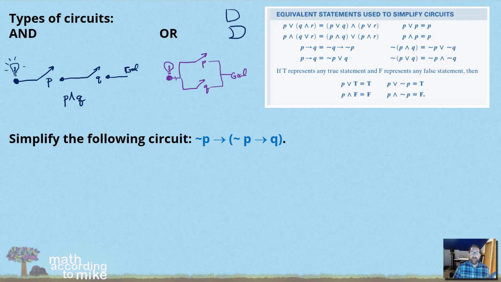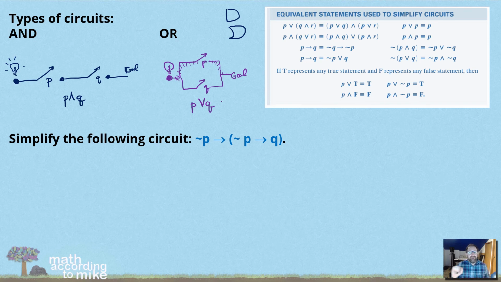So the electricity could go here, as long as the P gate is closed, to get to the goal, or it could go through Q to get to the goal. So this is an example of what P or Q would look like. So one more time, and one follows the other, or parallel.